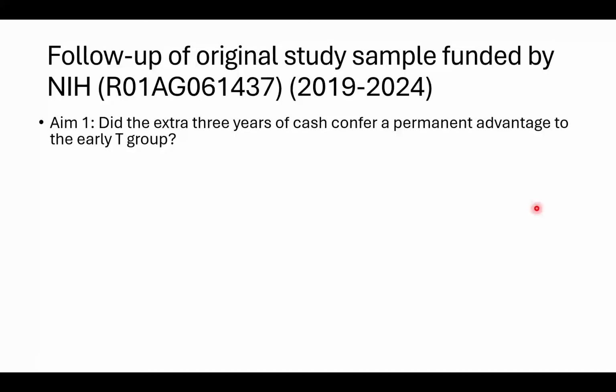So the first aim was, okay, the control group entered the program in 2016, right? Remember the early treatment group entered the program in 2013. So we're talking about a 3-year delay in cash received. So did that 3 years of cash confer any permanent advantage? And I've already set you up for the results, right? If you were paying attention, you can figure out what the results are for that.